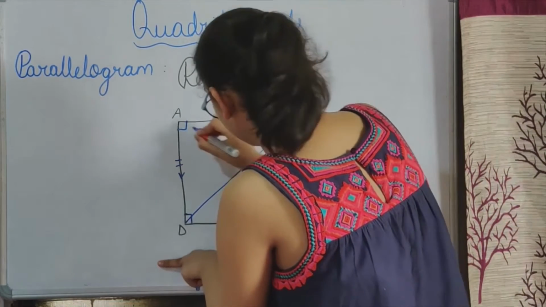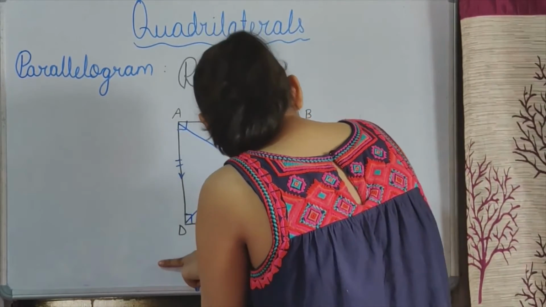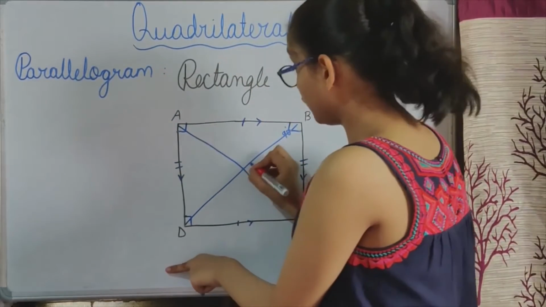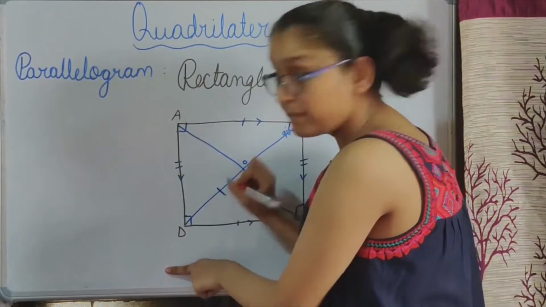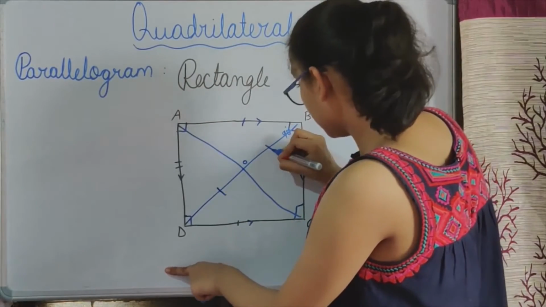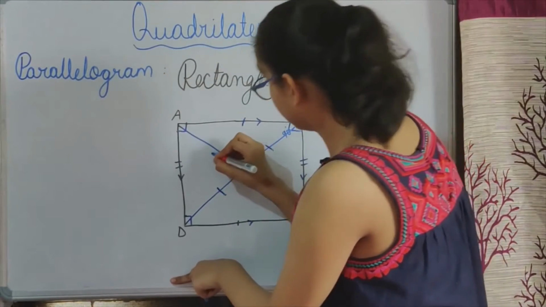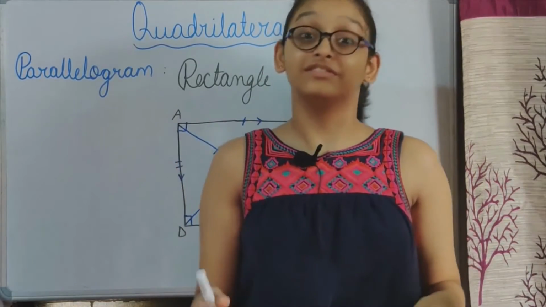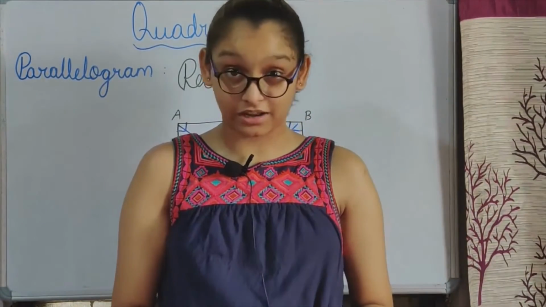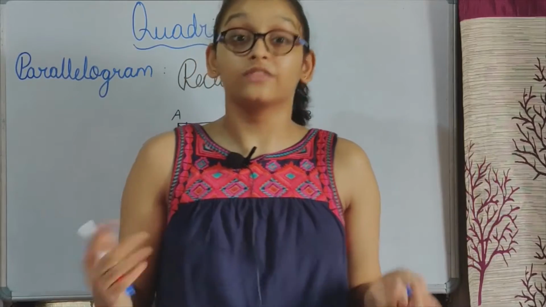This means that these diagonals are equal, and if we take a point O here, then OD would be equal to OB and OA would be equal to OC. So these were the properties of rectangle. Now let's come to the next parallelogram.